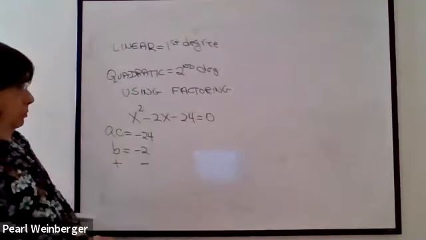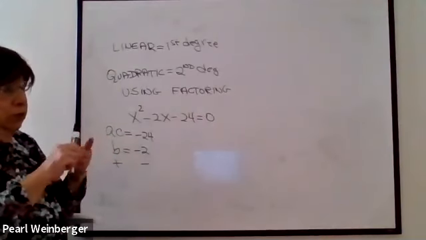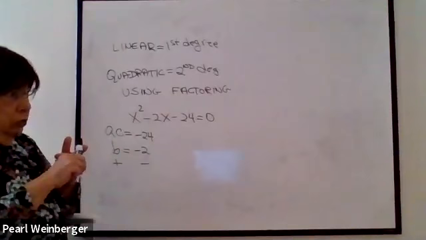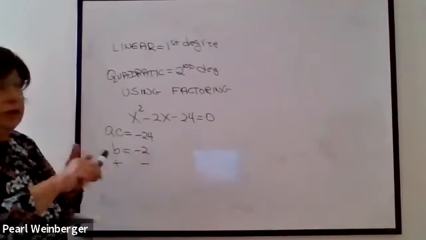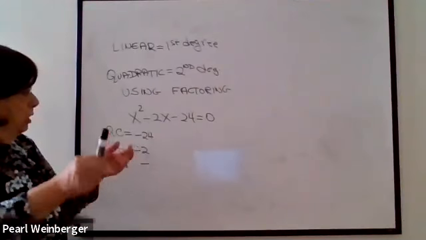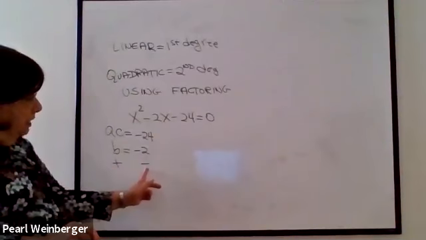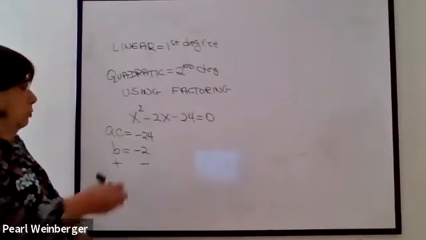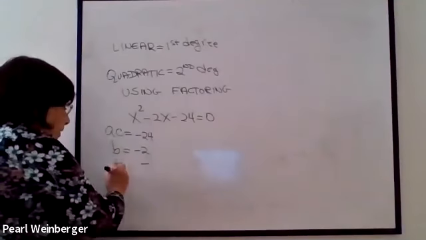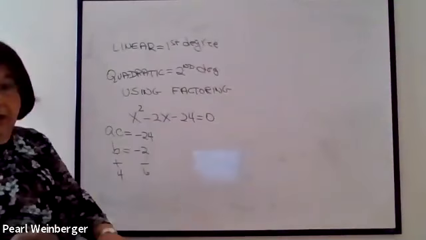Let's think about it. It could be 24 and 1, and 2 is not going to give me 2. 8 and 3 is not going to give me 2. But 6 and 4, if I have a positive 6 and a negative 4, that'll give me a positive 2. So I will want a positive 4 and a negative 6. Everybody okay with that?